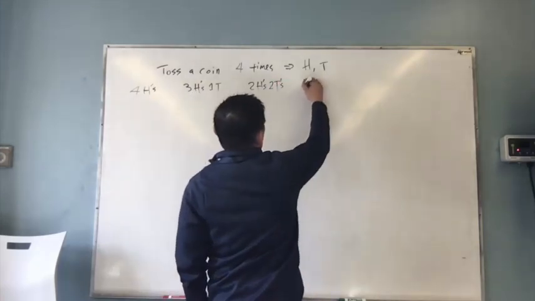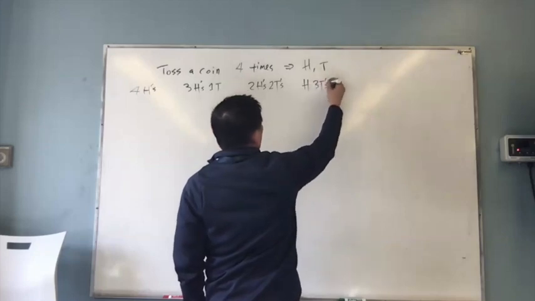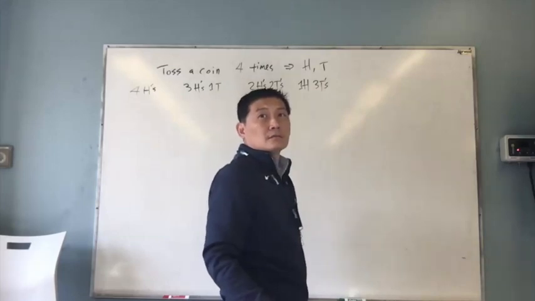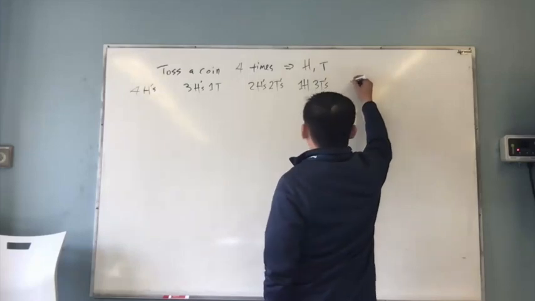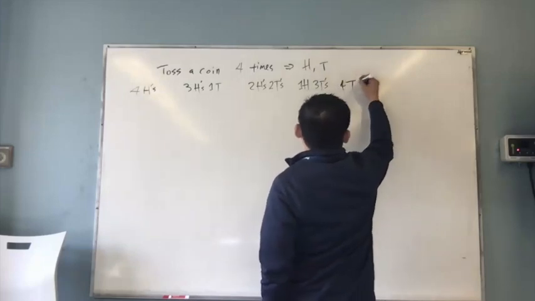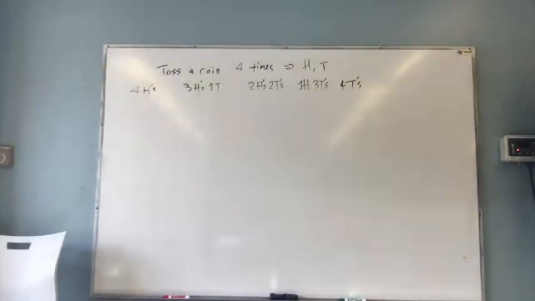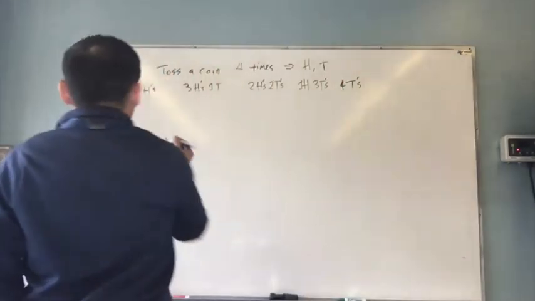A possibility of getting one head and 3 tails. And then there's a possibility of getting all 4 tails, right? So we have these 5 different possible outcomes or combinations. So let's write it out.